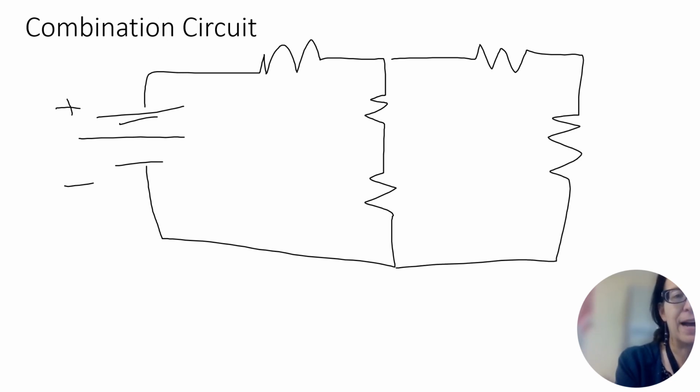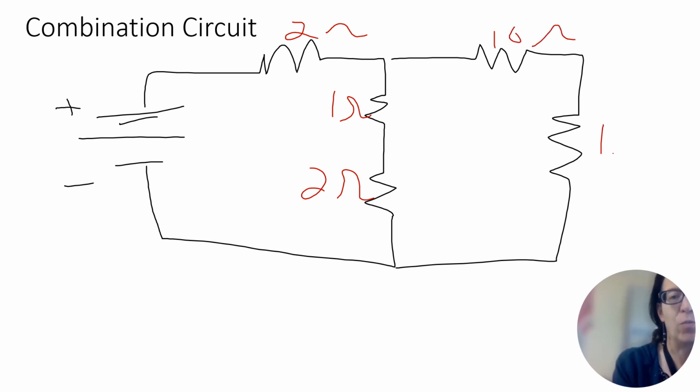So you might have like 2 ohms, 1 ohm, 2 ohms, 10 ohms, and 1 ohm. I'm making stuff up. And you might be asked to simplify this circuit.